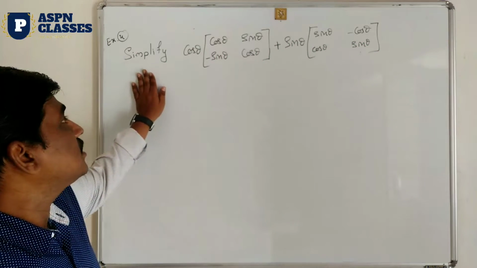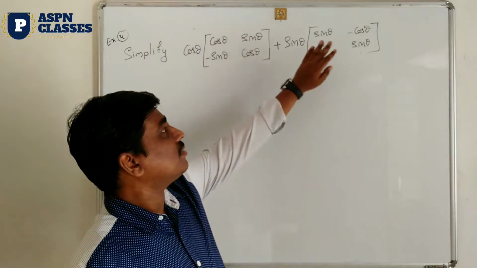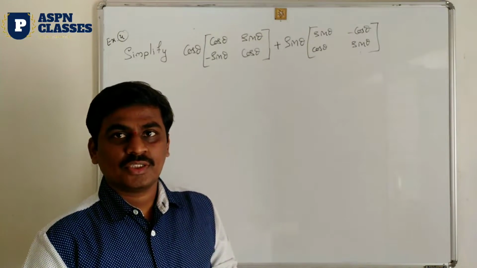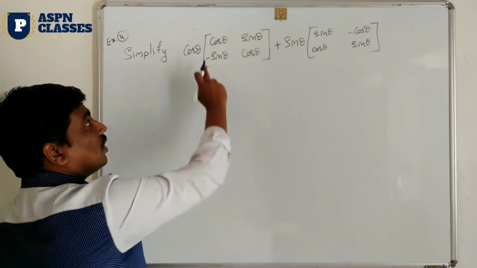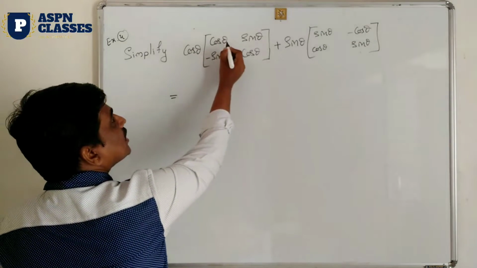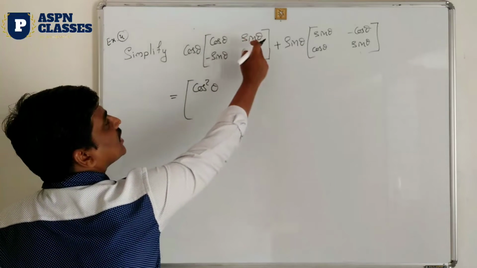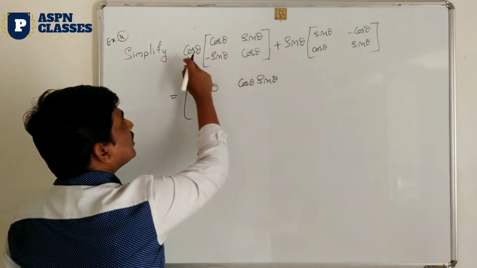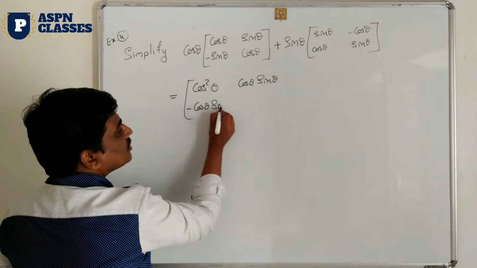Here is one question: simplify cos theta times a matrix, plus sin theta multiplied with another matrix, after that add these two matrices. First, observe that this is scalar multiplication with the matrix, so you multiply all the elements with cos theta. Cos theta into cos theta gives cos square theta. Cos theta into sin theta, write it as it is. Cos theta multiplied with minus sin theta gives minus cos theta into sin theta.